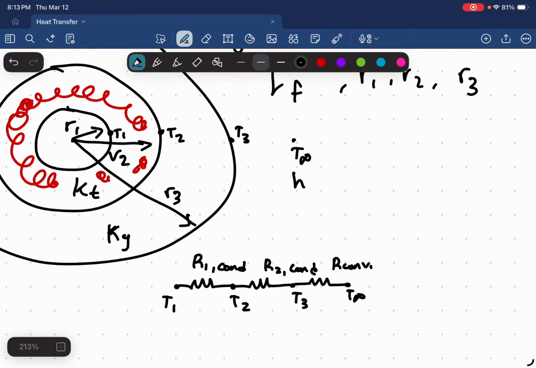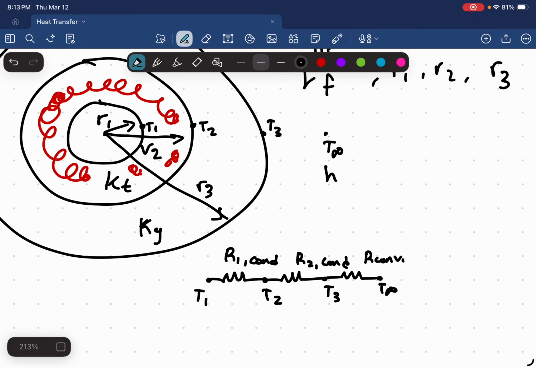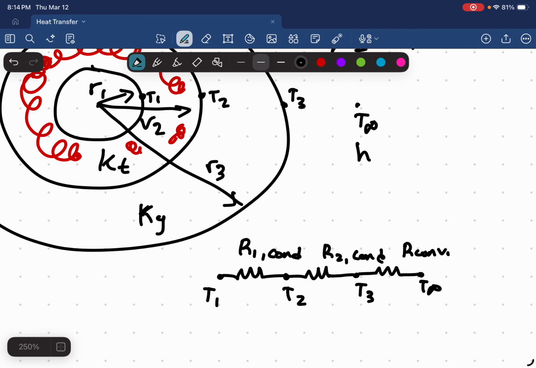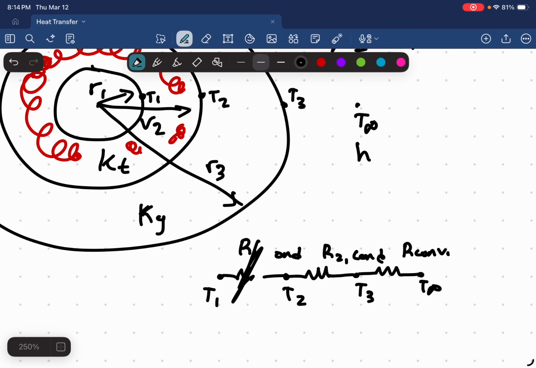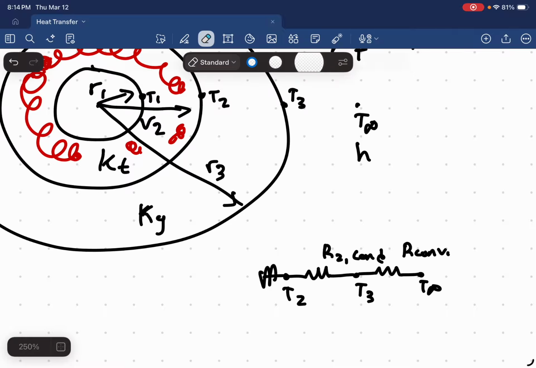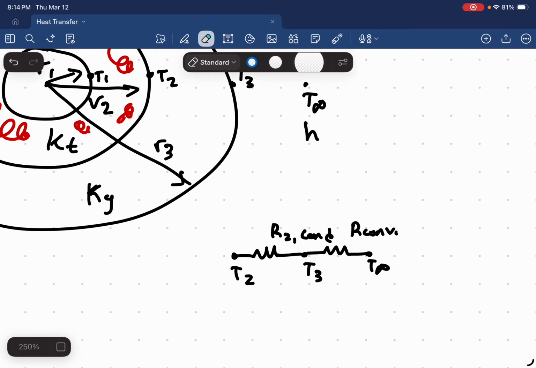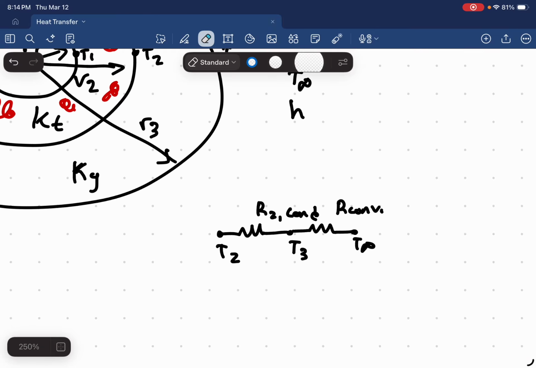An important thing to note is wherever your heat gen is happening, you cannot include the thermal resistance. So between T1 and T2 is where our heat gen is generating. So we have to not include temperature 1. So this is our thermal resistance network.